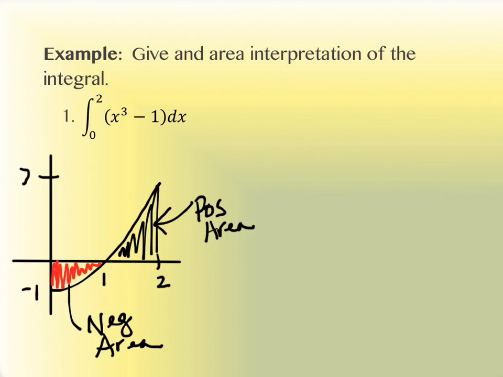So if you actually find the area from 0 to 2, what will happen is that some of that positive will be negated by some of the negative. It adds them together in a way that's like a net area, right? It's like if your bank account had negative $5 in it because you overspent something and you went and deposited $25. You don't have $25 really in there, right?